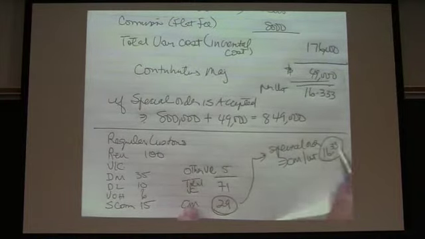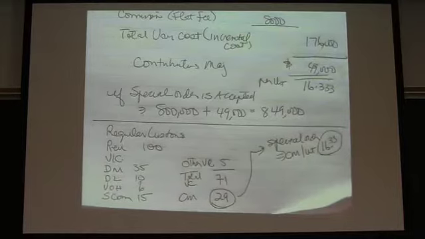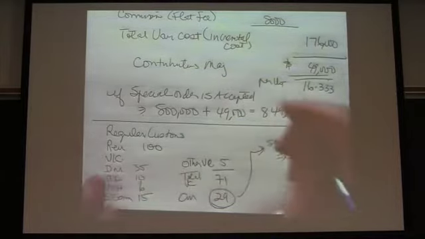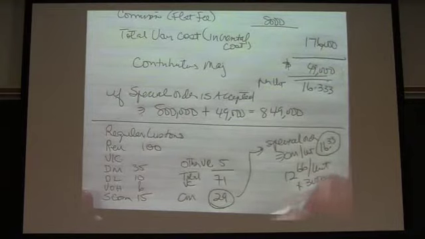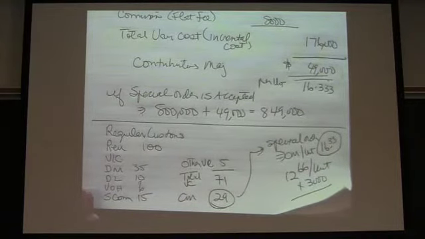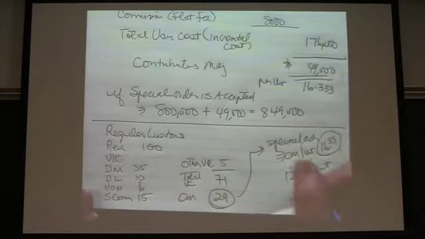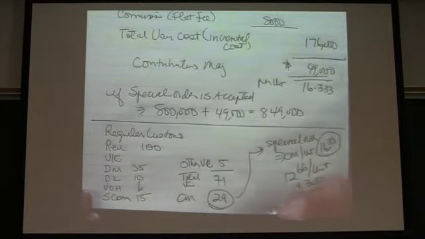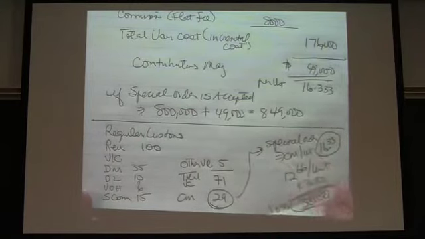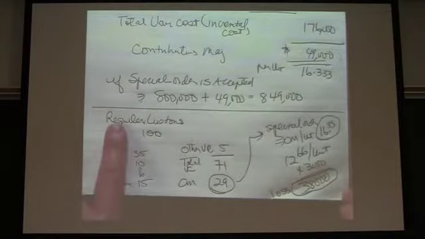If we don't have extra capacity, we're going to lose $12.66 per unit times 3,000 units, about 38,000.